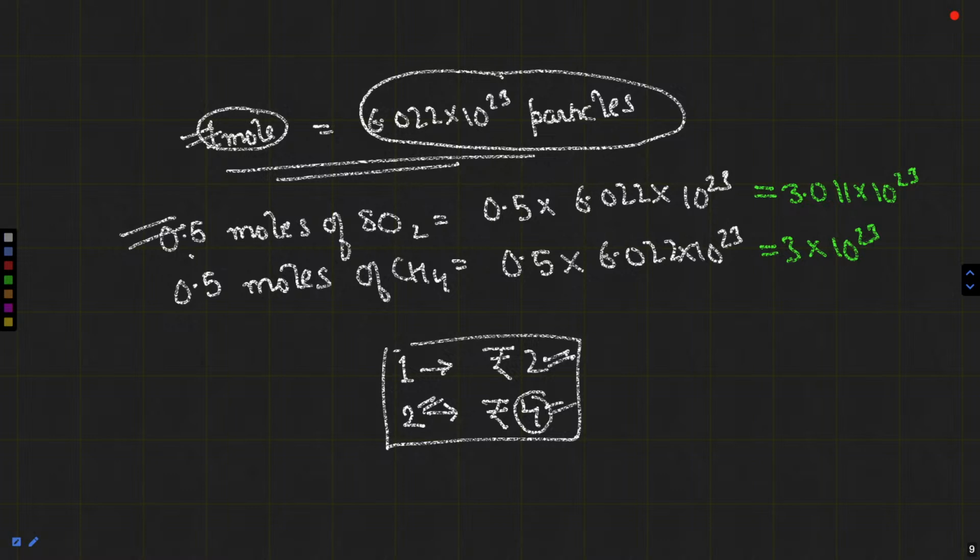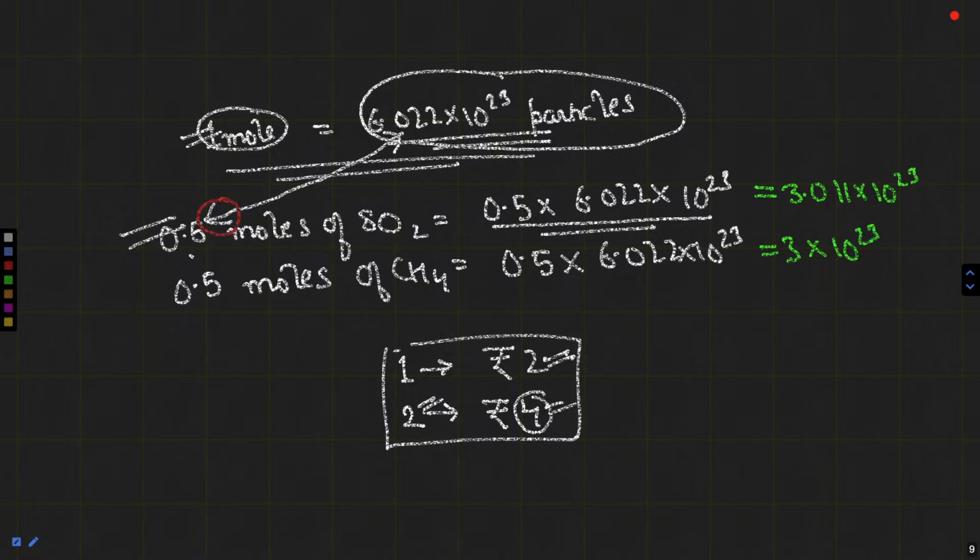Clear? Is this point clear? And if this is clear, then you would also be able to recognize why I am multiplying this 1.5 by 6.022. So when I am saying that 1 mole has 6.022 into 10 to the power 23 particles, okay, then what will be the count in 0.5? It will be again this multiplied by this.